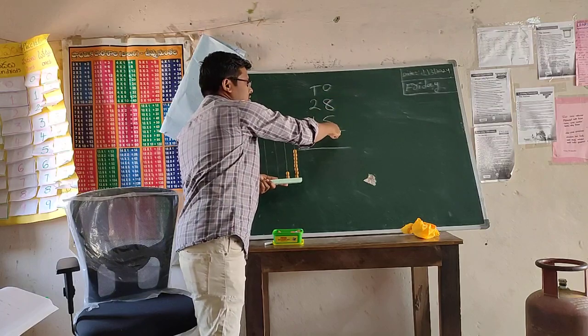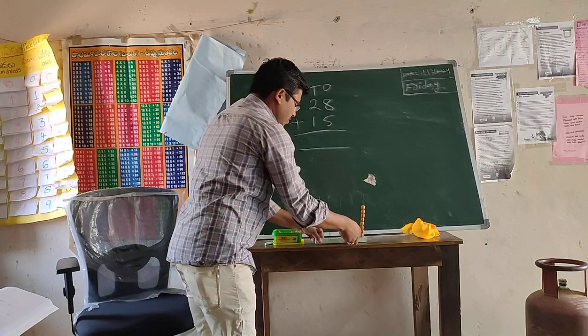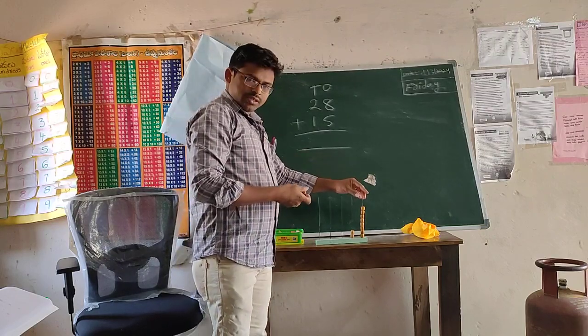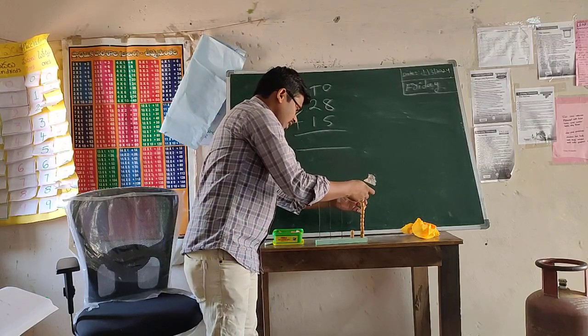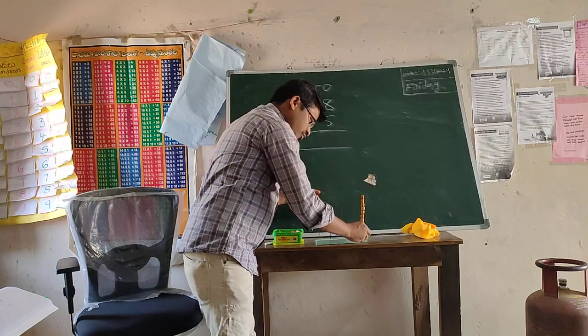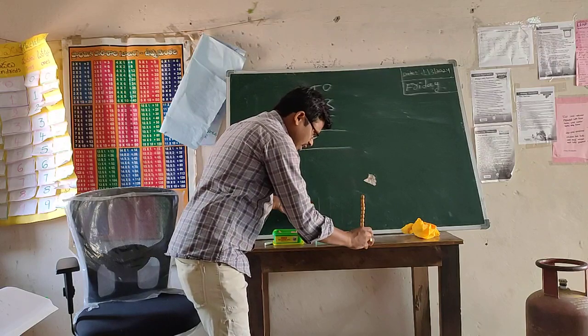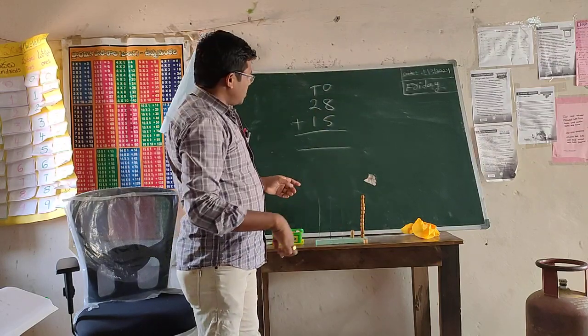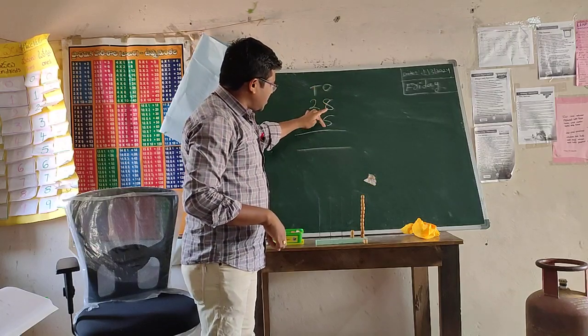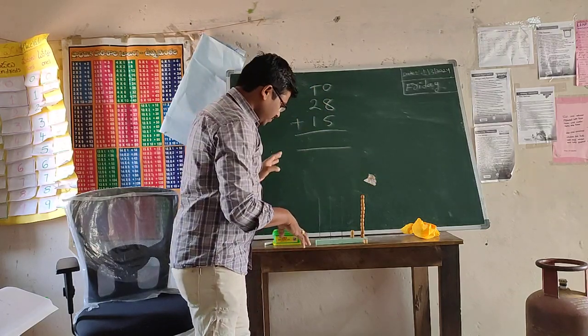Now we add ones. How many ones do we add? 5 ones. Okay, take 5. See, 1, 2, 3, 4, 5. So now ones is 13.